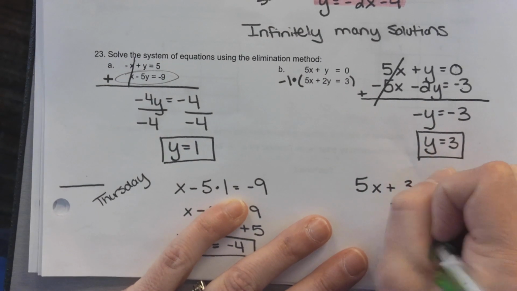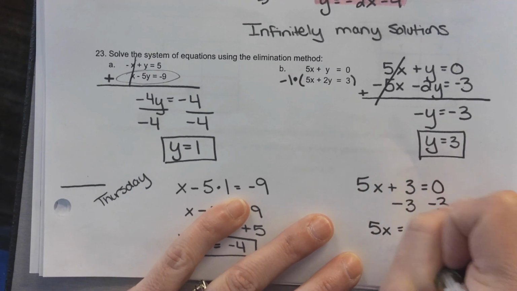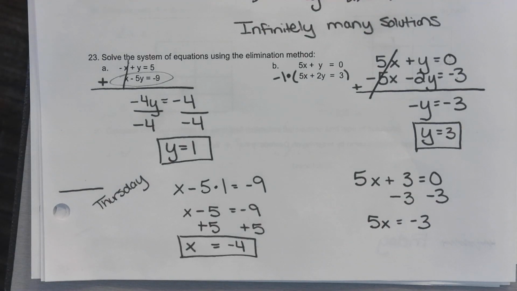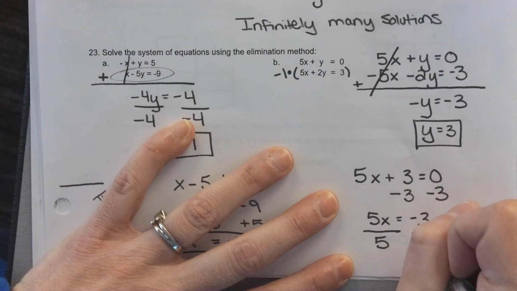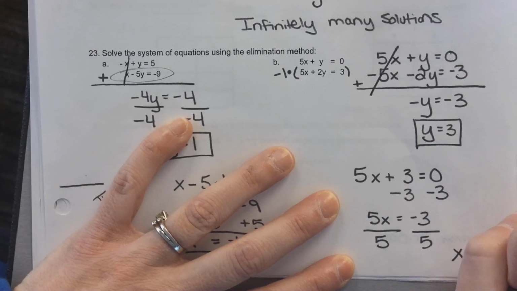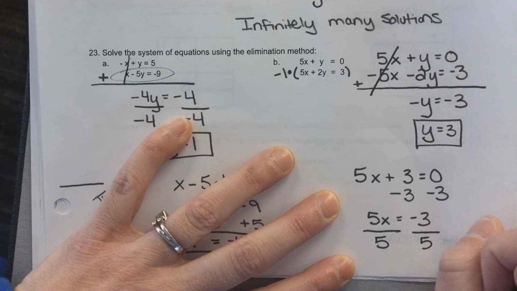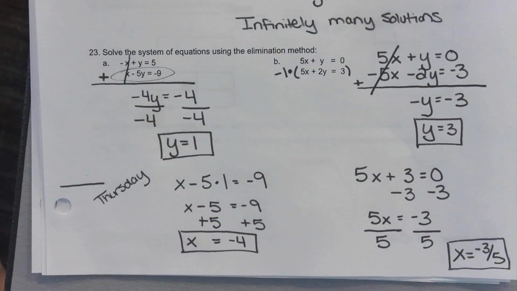Yeah, let's subtract it over so it's gone. 5x equals -3. How can I get rid of the 5? Divide. This is not going to be even. It's not a nice number, but you can leave your answer. You can just leave me the fraction. If you wanted to find the decimal on your calculator, you could too. Now we're done? Now we're done. Yeah, it was a long one today. Thanks.